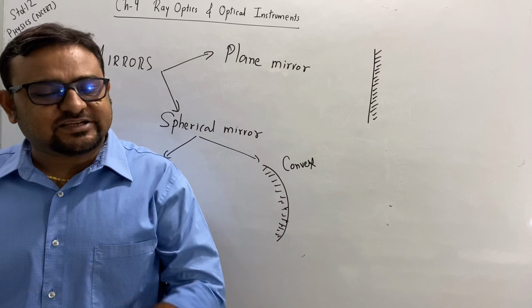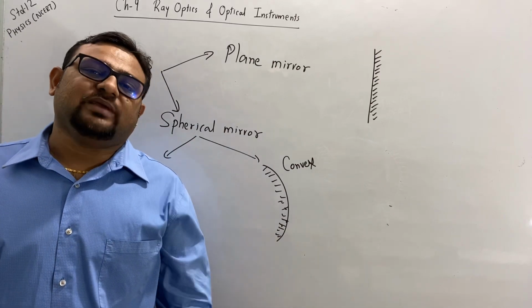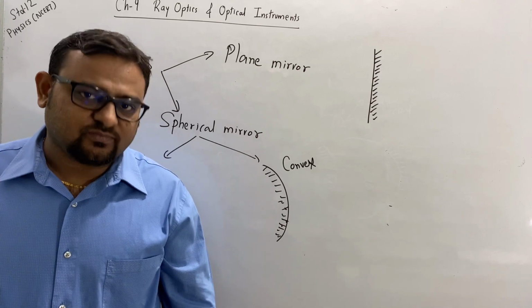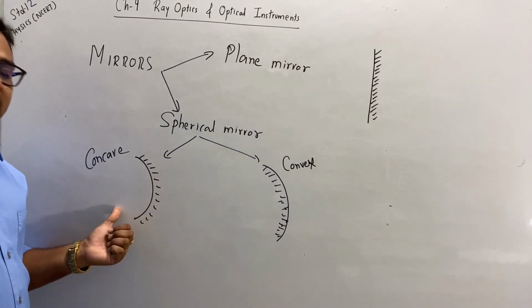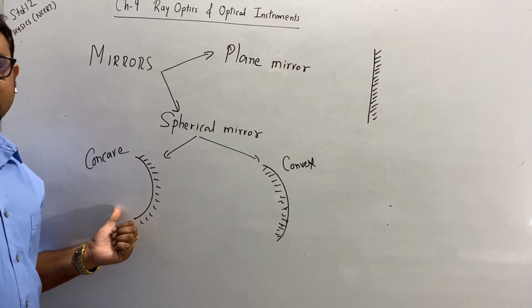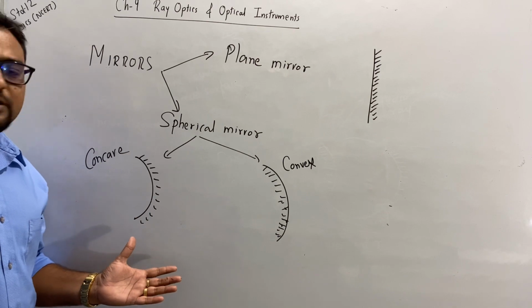So that is the reason that in vehicles, a convex mirror is used. And this is the concave mirror in which the inner area is reflecting. So these are the types of mirror that you are going to study about in this chapter.